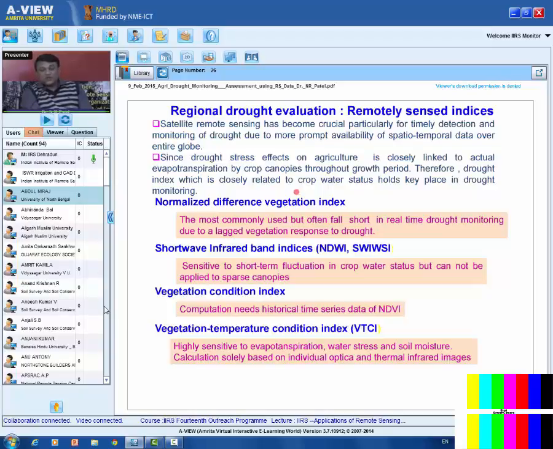Because of this frequent repeat and the wide range of resolution available to meet the requirement, different kinds of indices can be computed from these satellites.